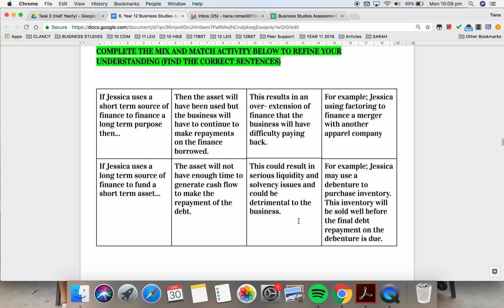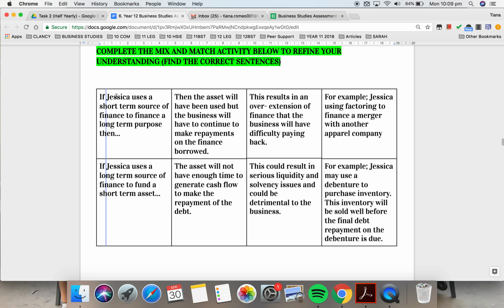To refine your understanding for this area, you're going to complete the following mix and match activity. Okay? It's basically joining up the sentences, kind of like a flow chart. So start in the first column here.